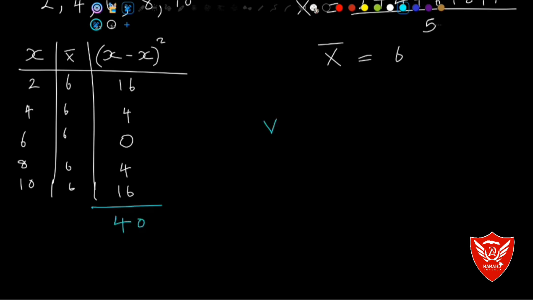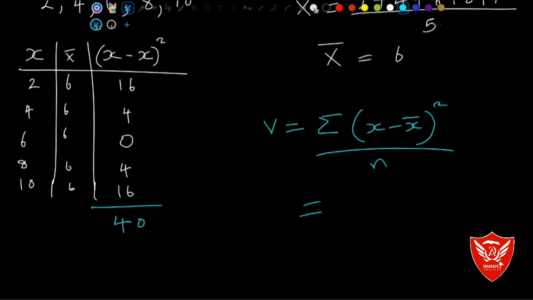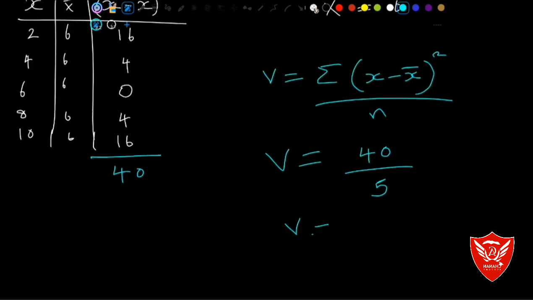Therefore, variance V is equal to the summation of x minus x bar, which is the mean, squared, all over the number of observations. Then we have 40 divided by 5, which is 8. So our variance is 8.